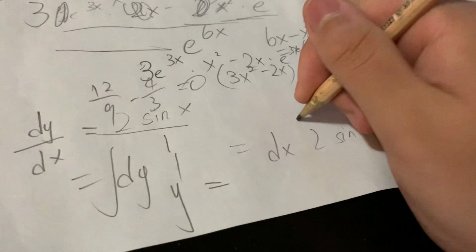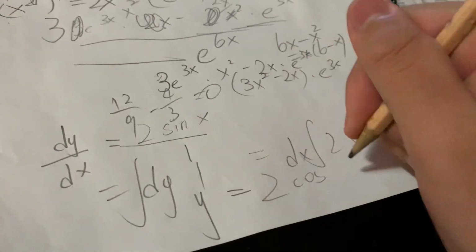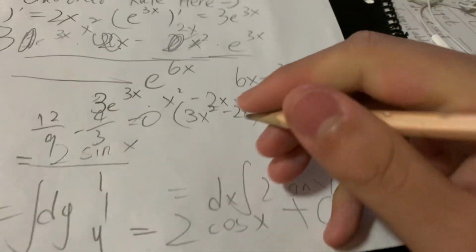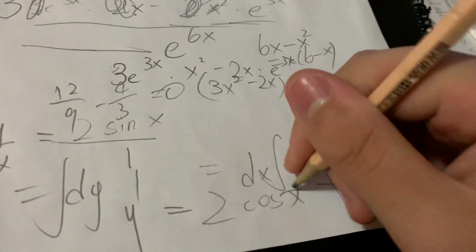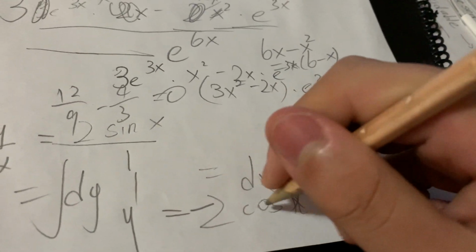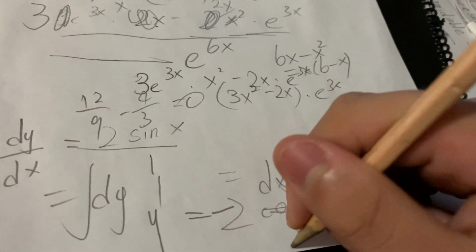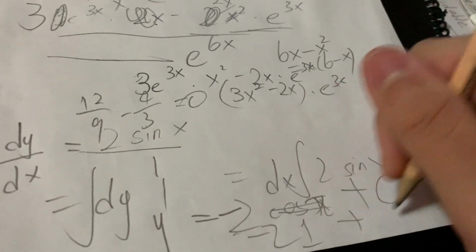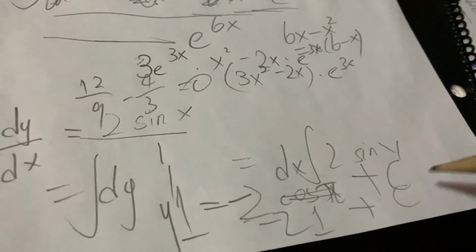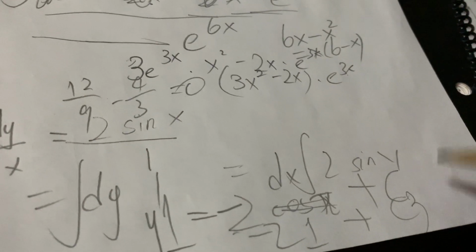You add an integral on both sides, and this is going to be 2 cosine x plus a constant. So we plug in pi, and we make it negative. So it is going to be 1 equals negative 2 plus c. To make it 1, we get c equals 3.